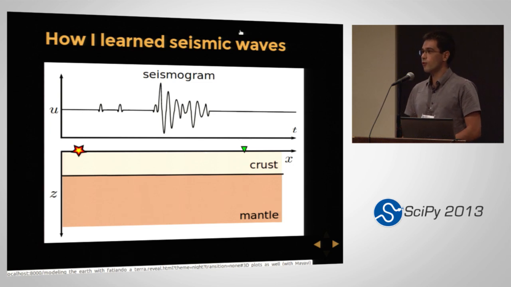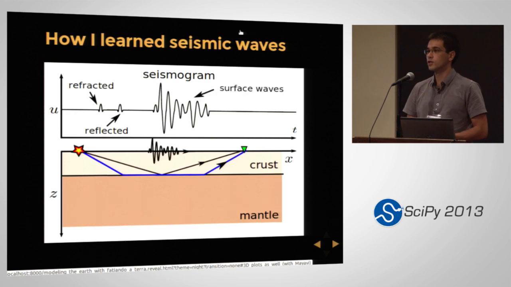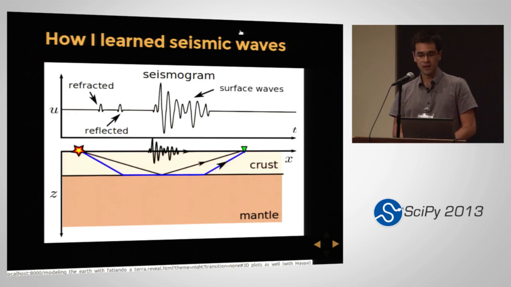And suppose an earthquake happens there on the red and yellow star, and I have a recording station there in green. Then I have a refracted wave which travels along the interface, refracting at the critical angle, so that arrives first because the mantle has a higher velocity. Then you have a reflected wave which arrives later. And then you have the surface waves which travel along the surface.